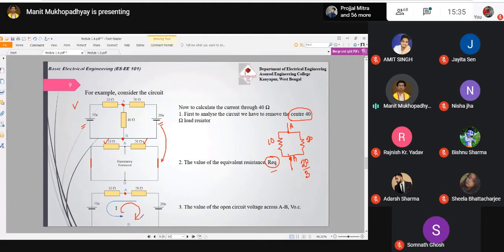You can do that. Every time you will get the same answer across VAB. First, I am going to follow the blue line. According to the blue line, this one is positive, this one is negative, so potential is increasing.